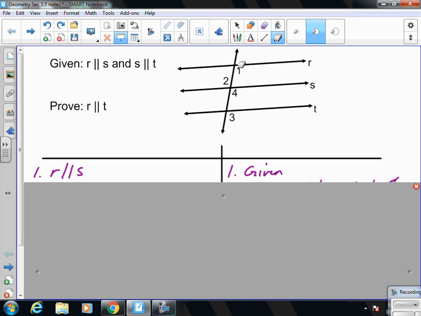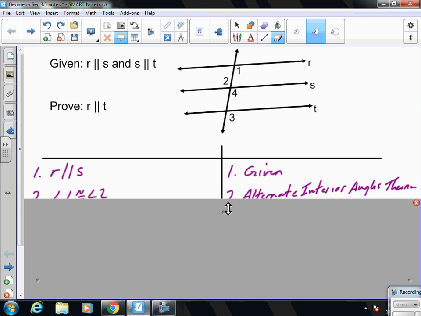then we know what about angle 1 and angle 2. They're going to be the same because those are alternate interior angles. So if the two lines are parallel that are cut by the transversal, then the alternate interior angles are congruent, right? Everybody remember that? So we can put that down.